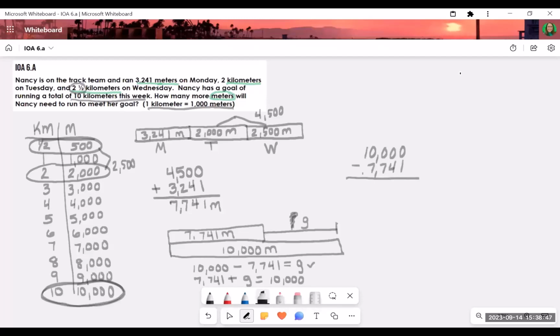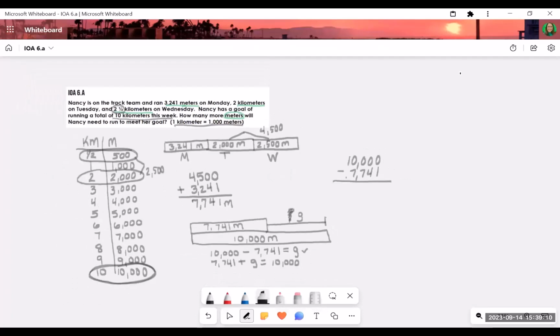So we can use a strategy called the compensation strategy, or finding a constant difference. If we subtract the same thing from each part of a subtraction problem or add the same thing to each part of a subtraction problem, we are keeping a constant difference. If a student doesn't understand this, you can show it on a number line. It's a good way to show that.